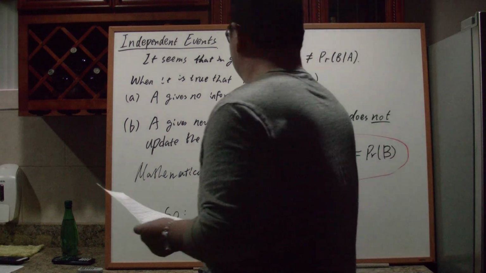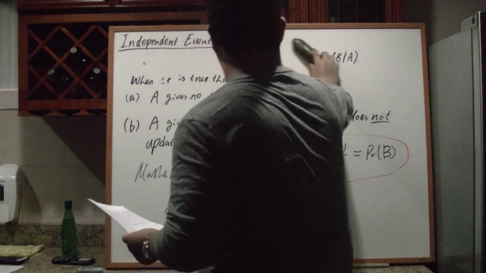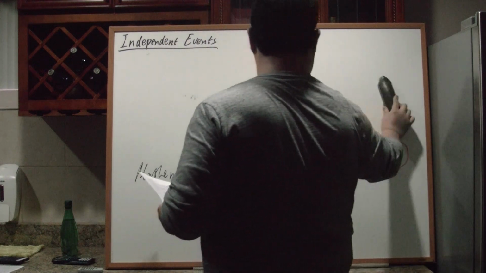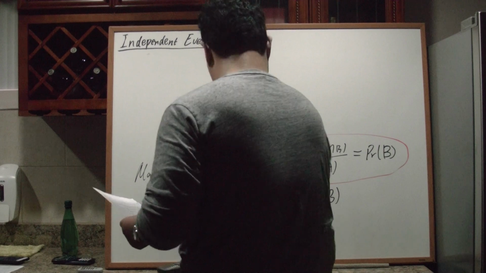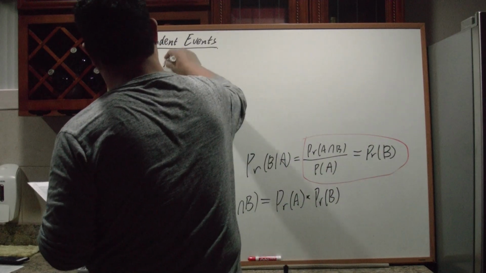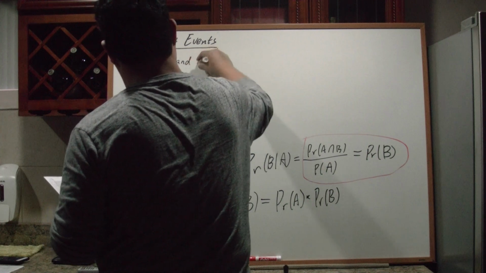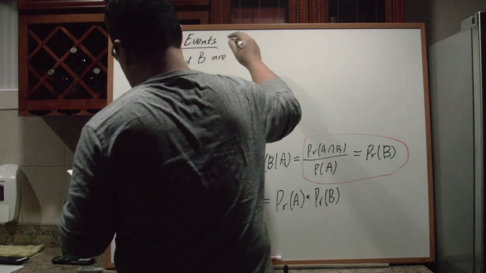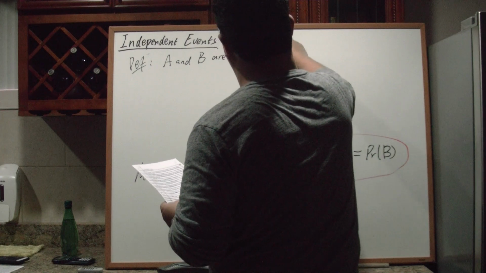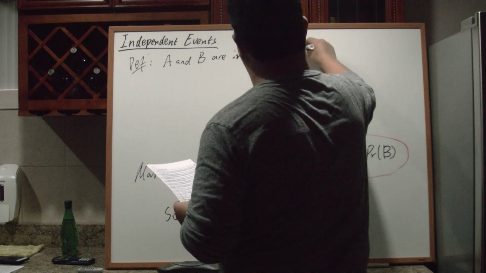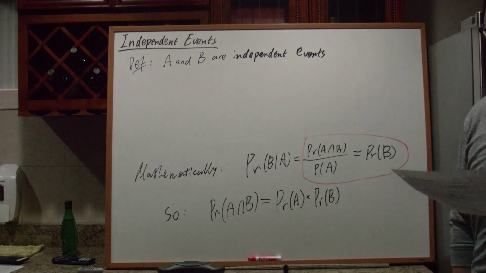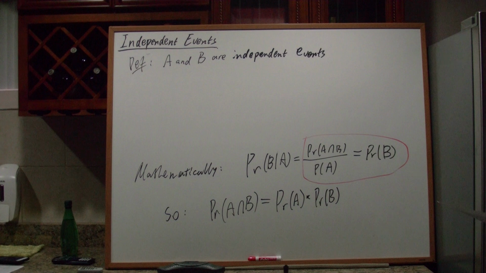Right, so we get the definition. Independent events means A and B are not affected by each other.